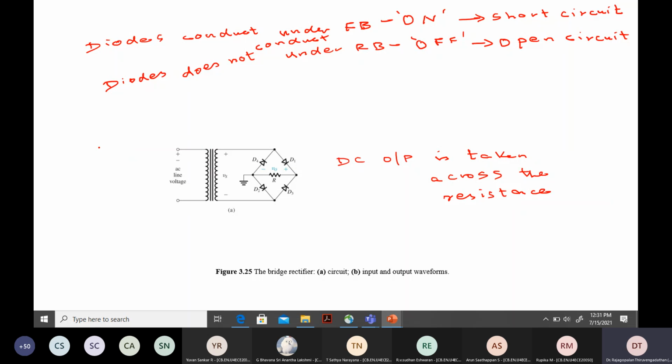Now the clear difference that you can see, bridge rectifier does not use a center tap transformer.